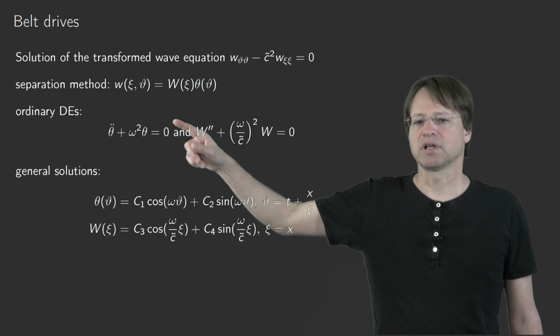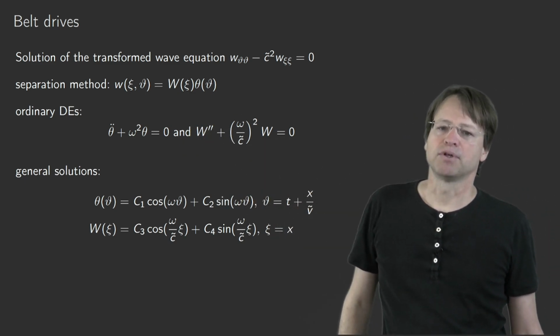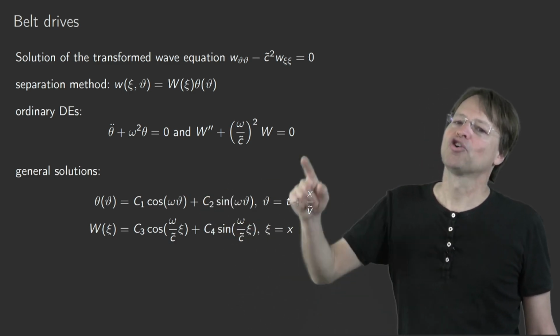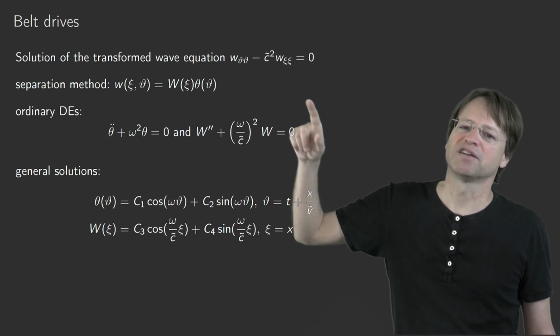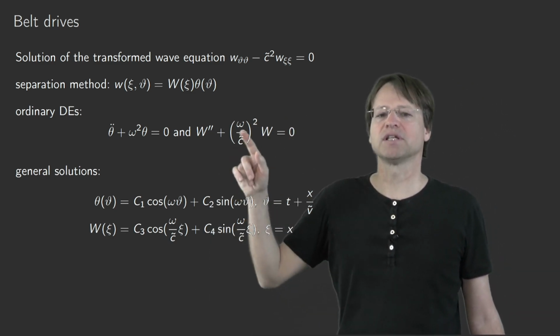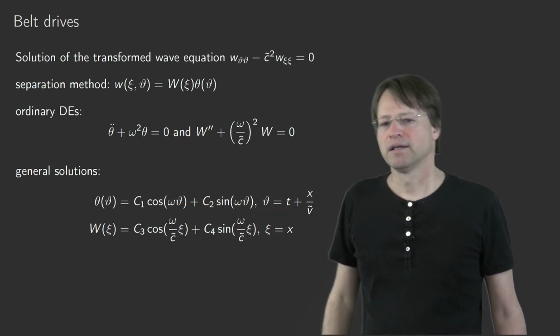The first one is the classical equation for vibrations with the natural frequency omega. The second one could be also seen as an equation that describes a single degree of freedom oscillator, but it's related to space dependence or to dependence on psi.